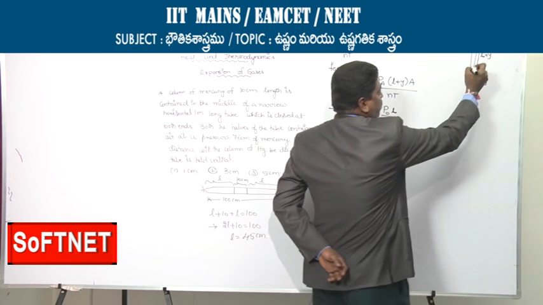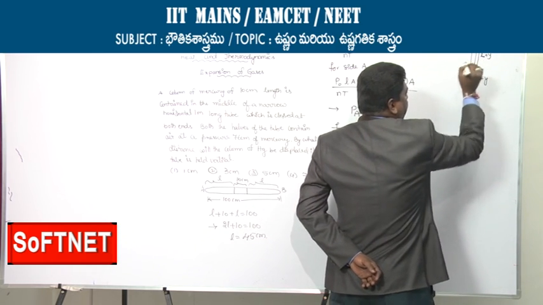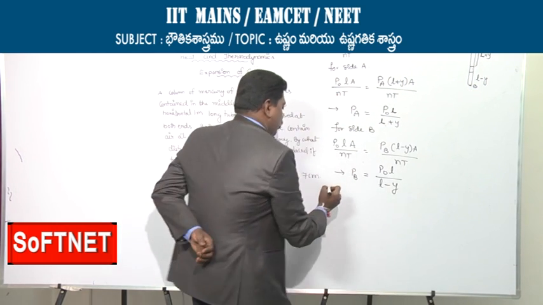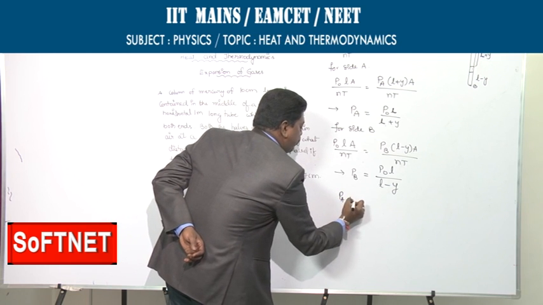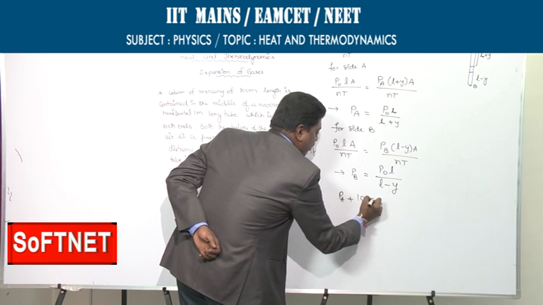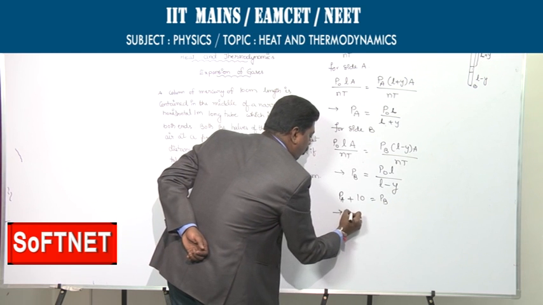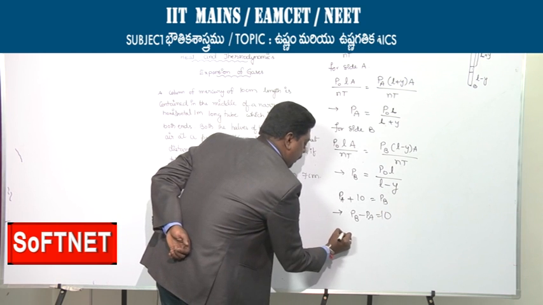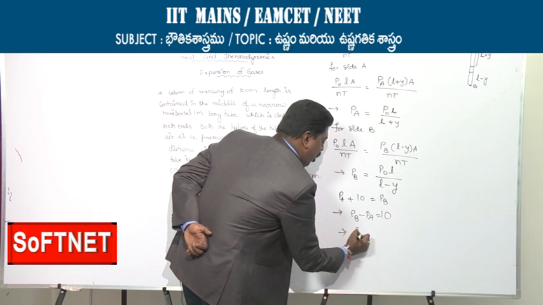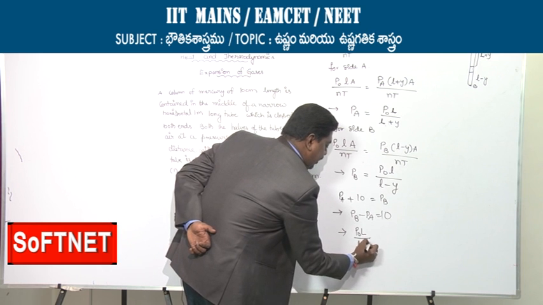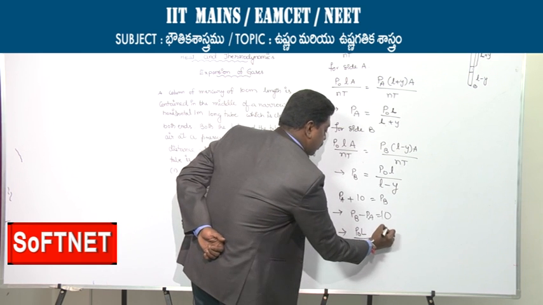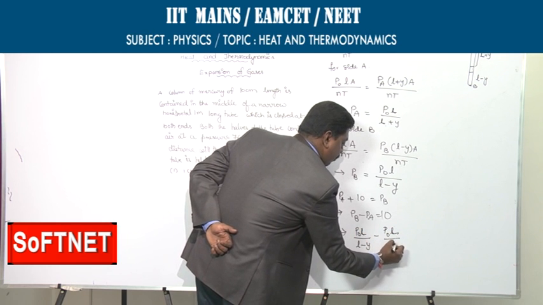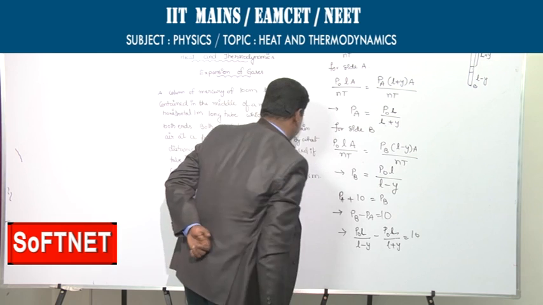In equilibrium state, pressure at A plus pressure of the mercury is equal to pressure at B. So what we have is PA plus 10 centimeters is equals to PB, or PB minus PA equal to 10, implies P naught L by L minus Y minus P naught L by L plus Y is equals to 10.